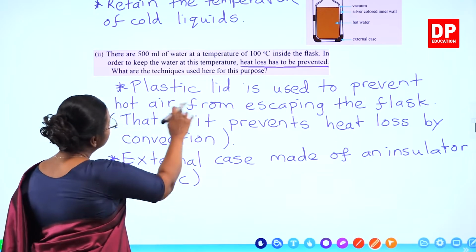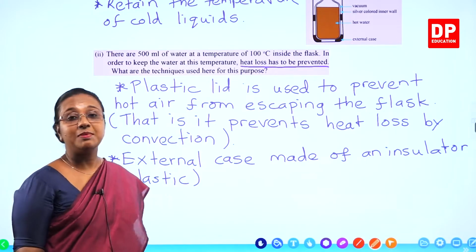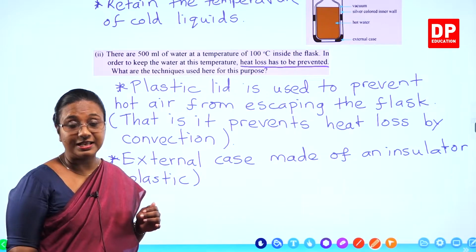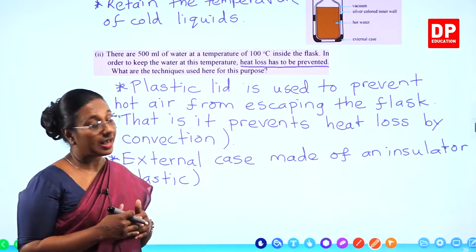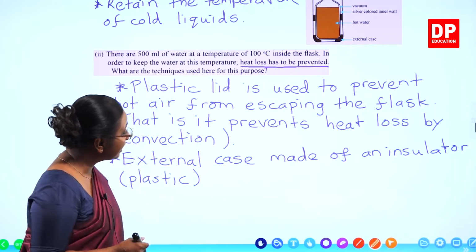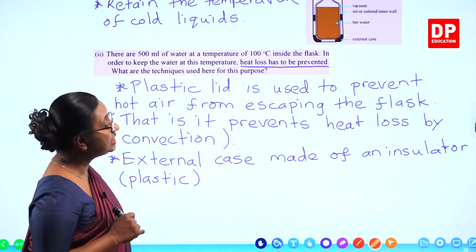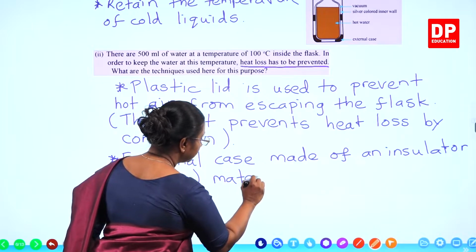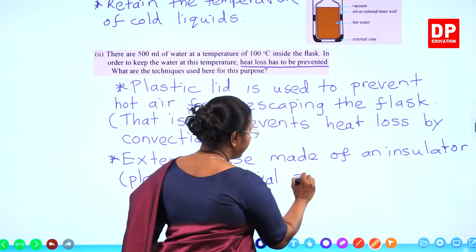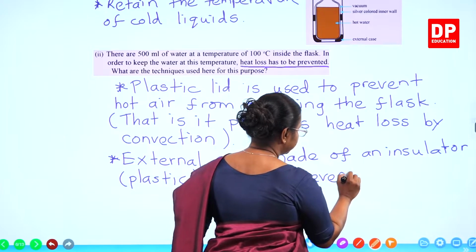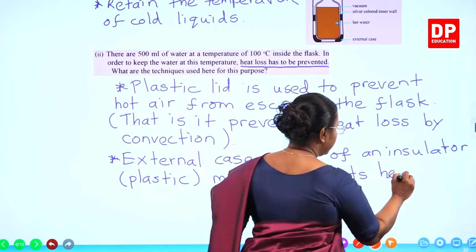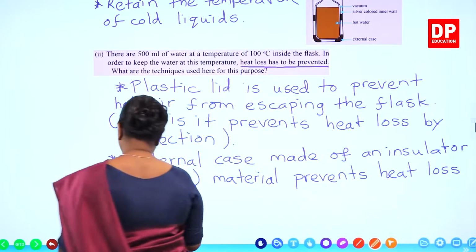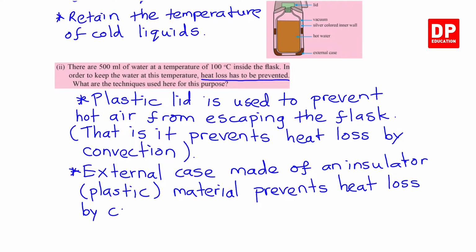So, in the first one also, students, instead of saying plastic lid, you can say a lid made up of an insulator material. So, within brackets, we can say it is plastic. So, external case made of an insulator material prevents heat loss by conduction.